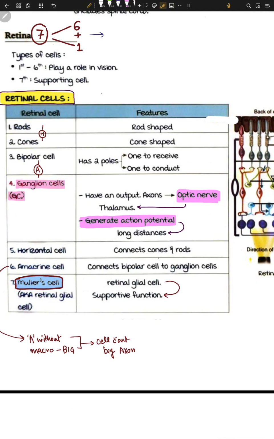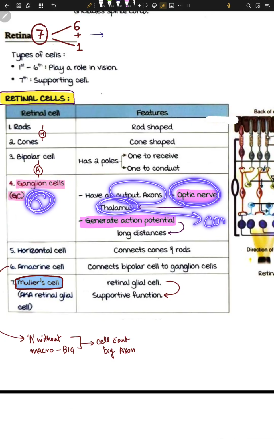Okay, we know this already. So rods are rod shaped, cones are cone shaped. Bipolar has two poles, one to receive, one to conduct. Ganglion, they are a bunch of neurons. Their output axons make the optic nerve, and this optic nerve goes to thalamus, and this thalamus goes to cortex.